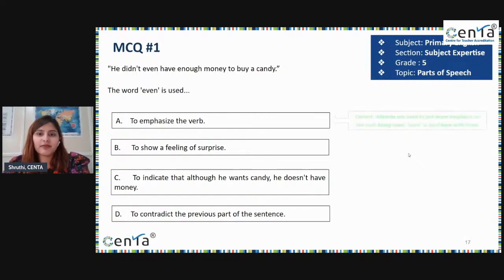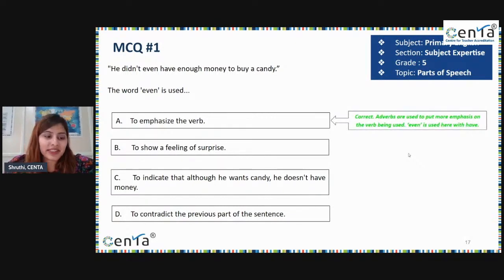So, the correct answer is A. I think the first majority was C, but a good majority of you had picked A, to emphasize the verb. Adverbs are used to put more emphasis on the verb being used. And here the verb is have.